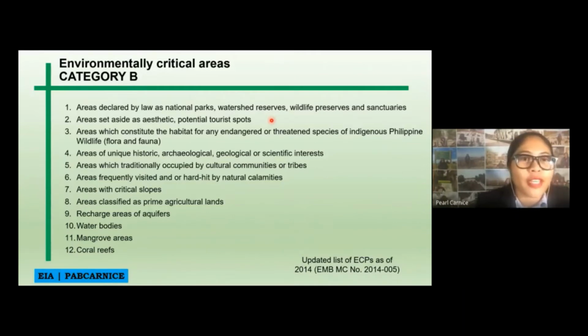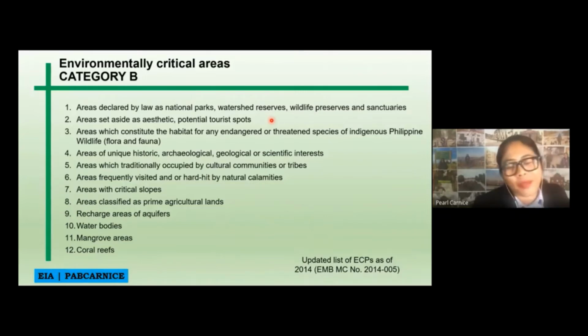Next is areas of unique historic and archaeological, geological, or scientific interest. I would say a good example of this would be the Benham Rise. I'm not sure if you've heard about that, but Benham Rise is located somewhere in the west of the Philippines. No, not west, but east. It's on the east of the Philippines. It's near the Pacific Ocean, and it is actually considered as the highest mountain under the ocean, as far as I know.